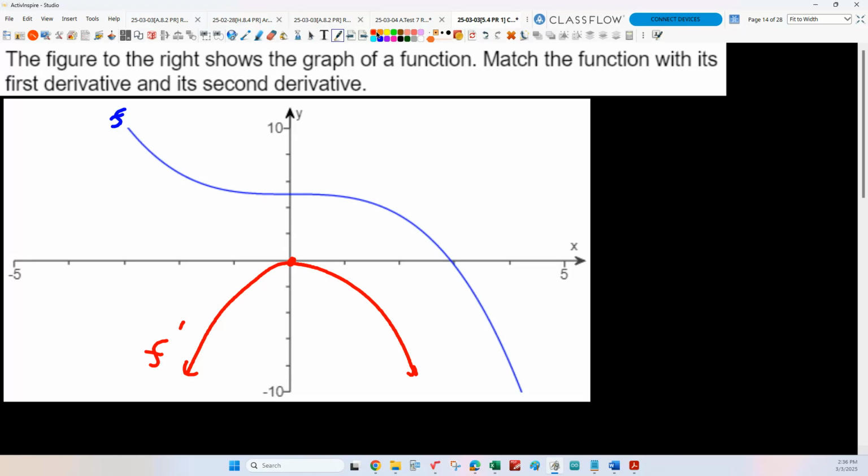So what is the second derivative going to look like then? It's a line that's going from positive to negative. And I know its value at one place, at the origin, right? Because that's where the derivative of this function is equal to 0.